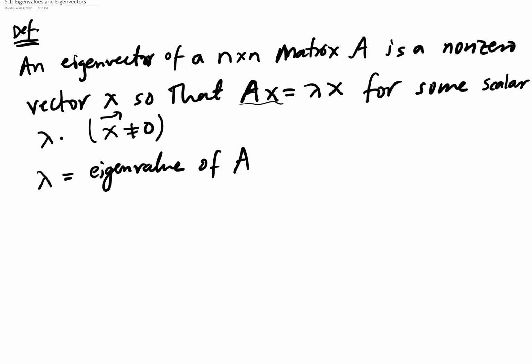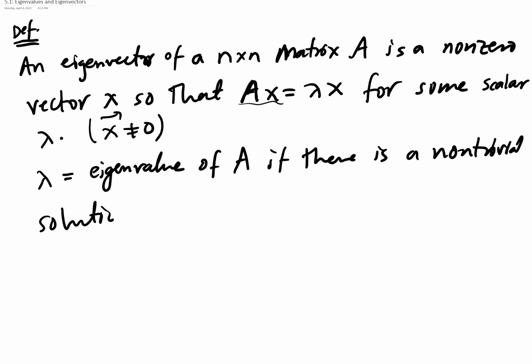And lambda, in this case, we call an eigenvalue for the matrix A if there is a non-trivial solution x of the equation Ax equals lambda x. If this equation has a non-trivial solution x, then lambda is called the eigenvalue.